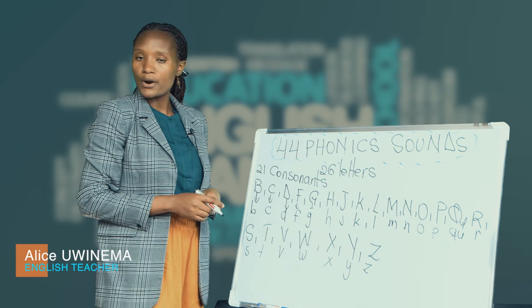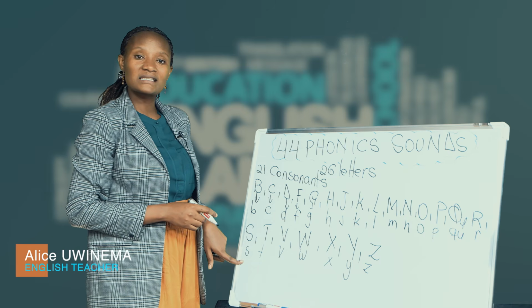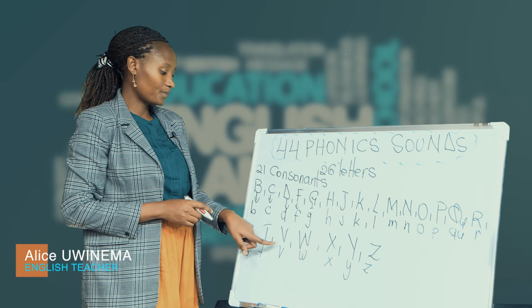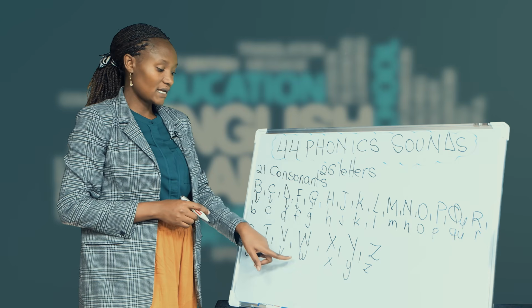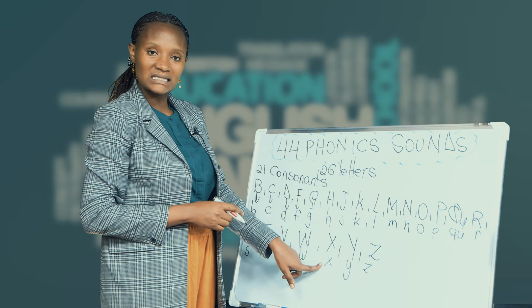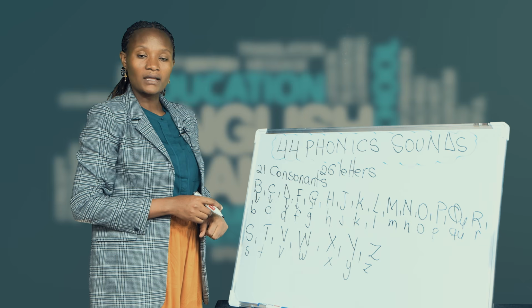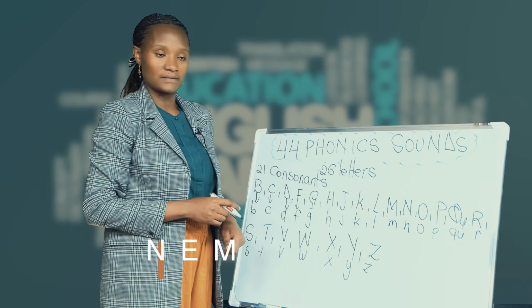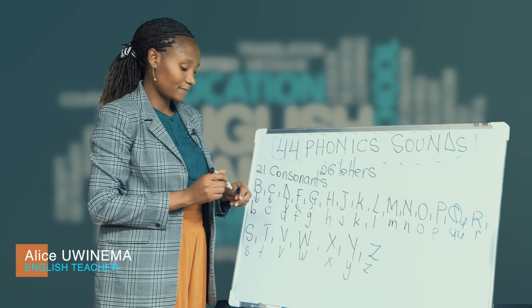R says R. S says S. T says T. V says V. W says W. X says X. Y says Y. And Z says Z. These are the 21 consonant sounds.